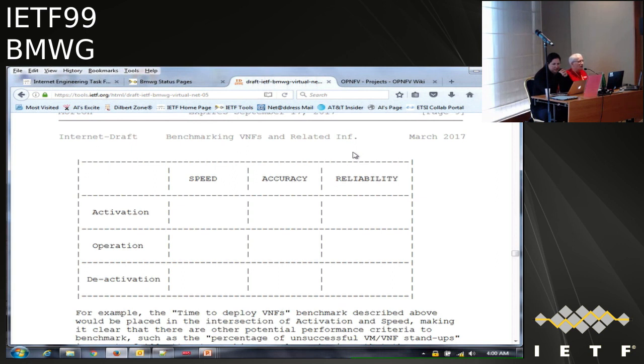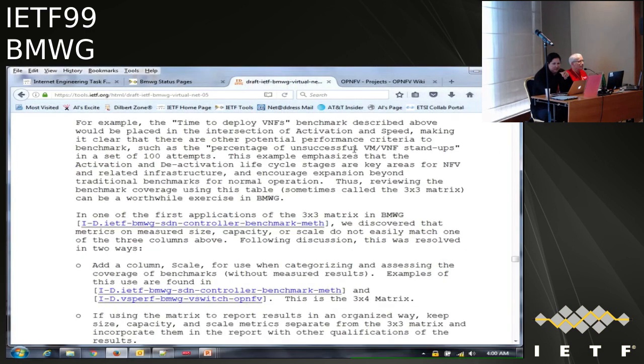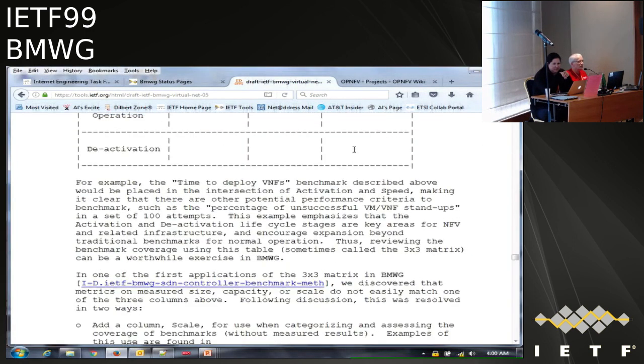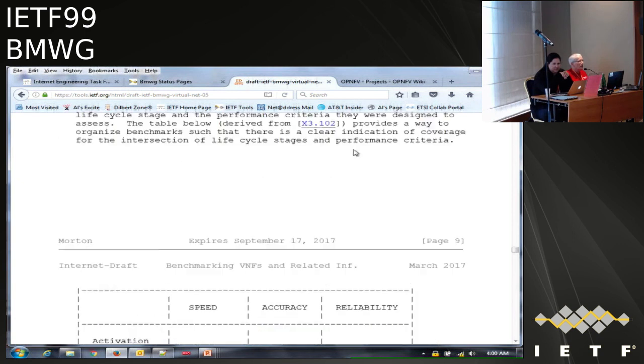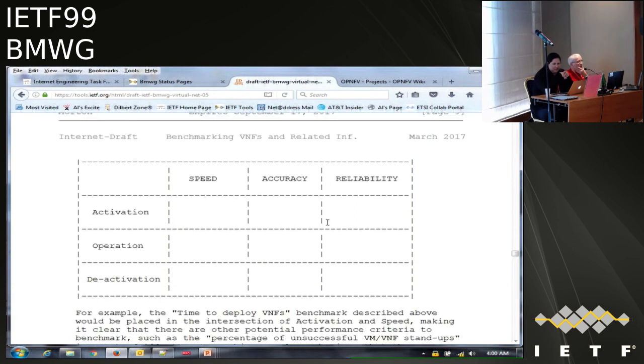So when I was looking at this particular section in that draft, there are actually two drafts in the working group which have embraced this matrix for organizing and evaluating the benchmark metric coverage that's provided in the draft.